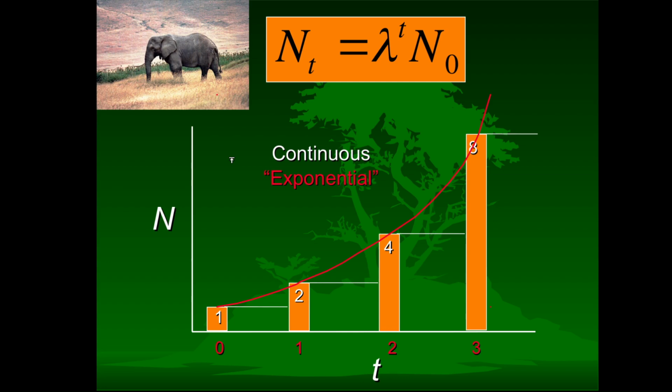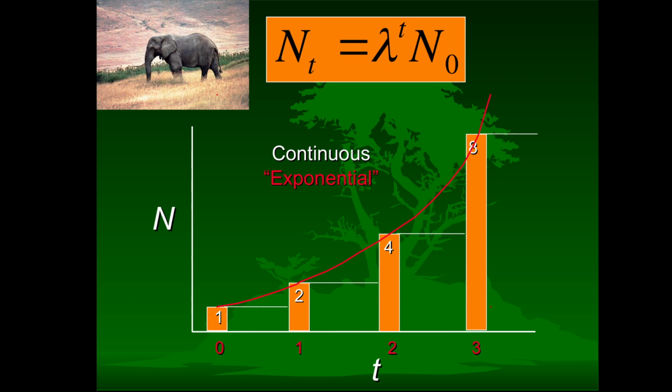Okay, but now if we assume that it's continuous, by convention, we do this subtle shift. If we want to know what the rate of increase of this population is at time t, the convention that everybody uses now changes. We no longer call the rate of increase lambda minus 1 times N at time t. Why? Because lambda is the ratio of N at reproductive time t to N at reproductive time t minus 1.